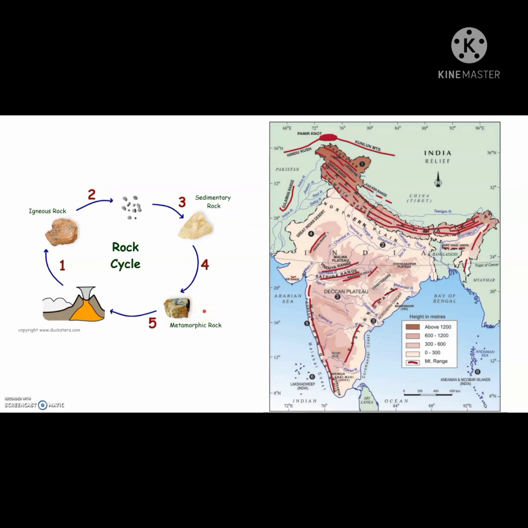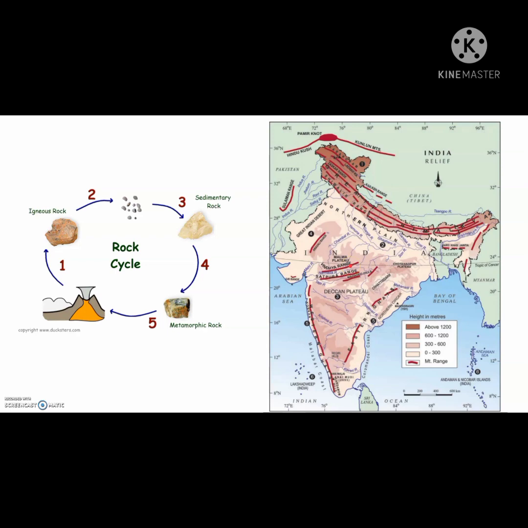That's why the Peninsular Plateau is very strong. The Peninsular Plateau has two major regions, the Malwa and Central Highlands region and the Deccan Plateau region. Malwa Plateau is also known as the Central Highlands.